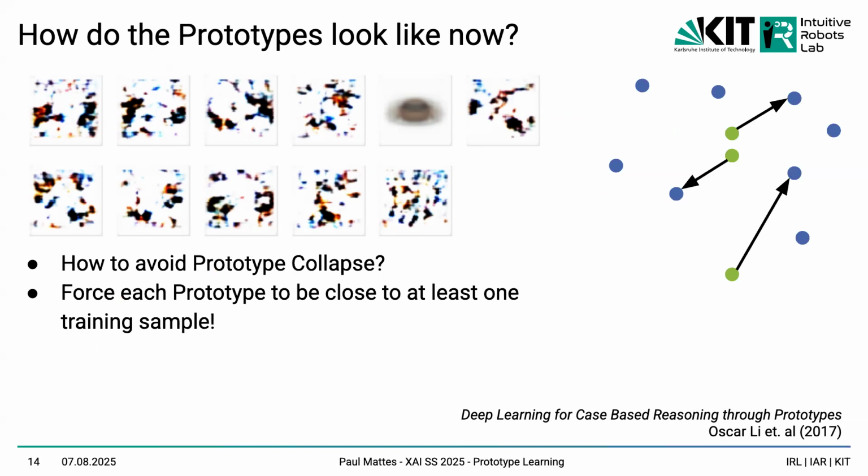This results in something like this, because it's taking some information from that training sample, some information from that training sample, but it's never near one of them. So we try to push the prototype to at least one training sample, so that when we reconstruct the prototype, it looks similar to that training sample. So we again have the R1 loss, which just minimizes the distance between one of the embeddings and one of the prototypes.